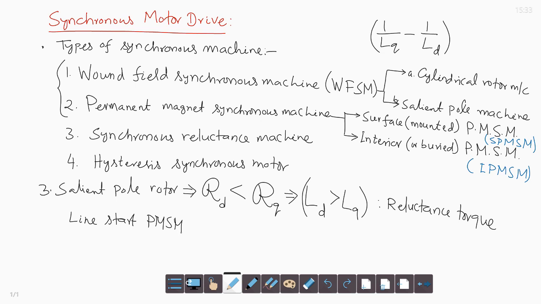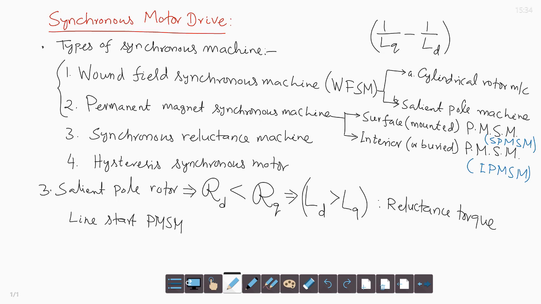The starting torque is produced by the damper winding. In line start PMSM also, damper windings are provided, so that the starting torque is provided by the damper winding on the induction motor principle, and the braking torque due to the permanent magnet is minimized.